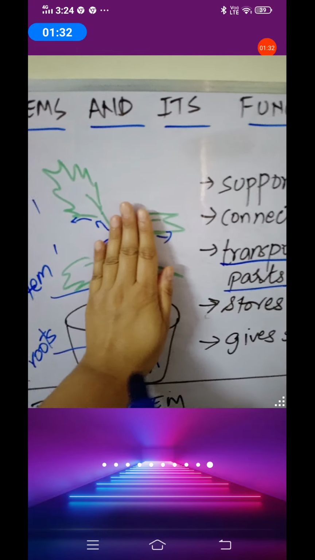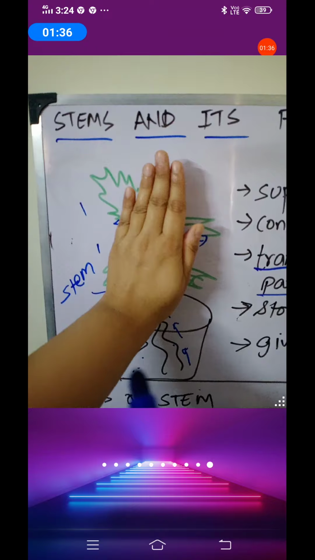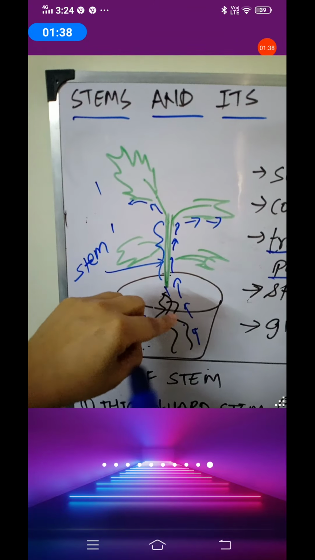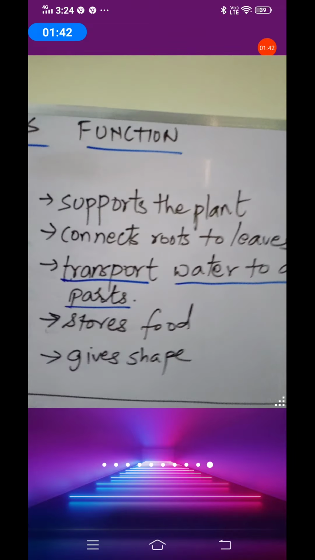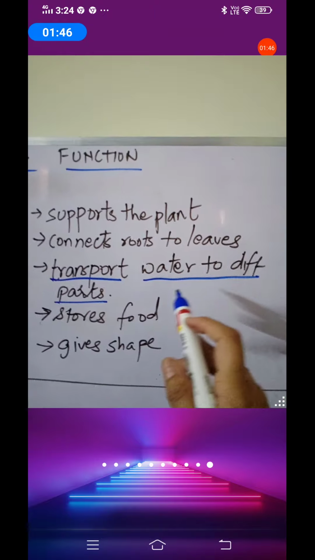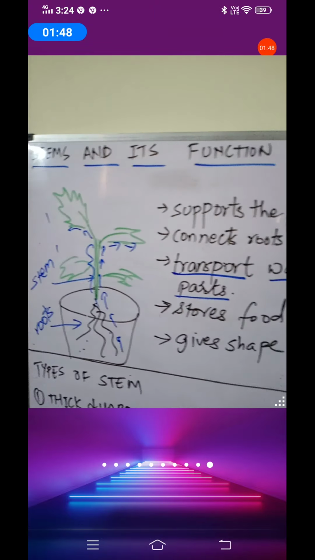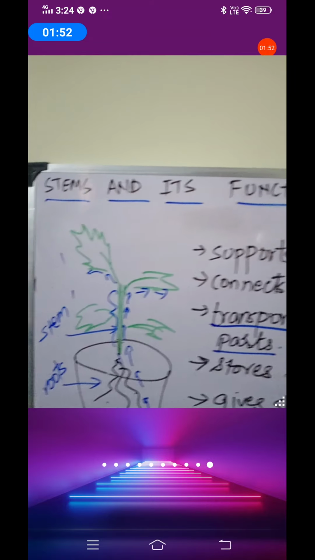If I close this stem, can the leaves get the water? Even though you are pouring the water in this, the leaves will not receive the water. So who's helping to transport the water to different parts? Stem is helping.